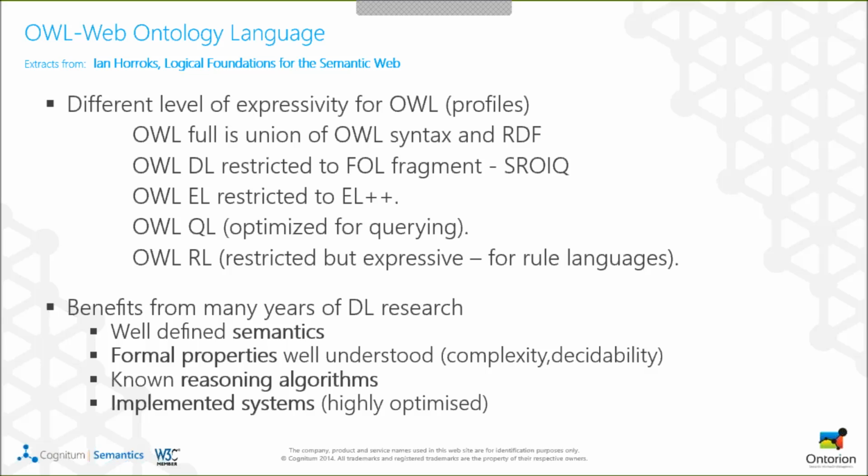Then there is OWL Full, the one that has the most expressivity. OWL Full is a way in which you can define meta knowledge. So using OWL Full, you can describe knowledge about knowledge. For example, you can define the relationships between two different ontologies, to say that one ontology depends on another ontology, or that one ontology is incompatible with another.